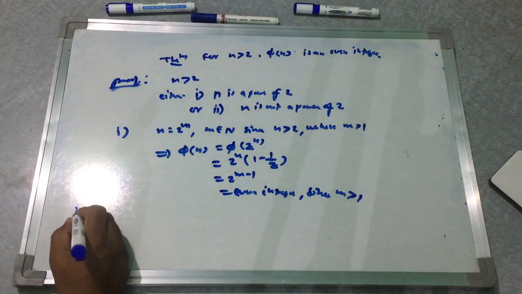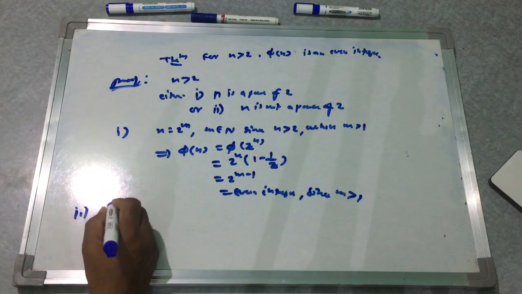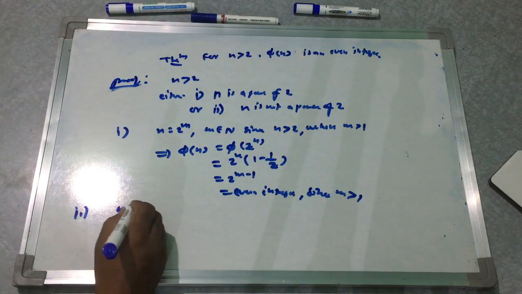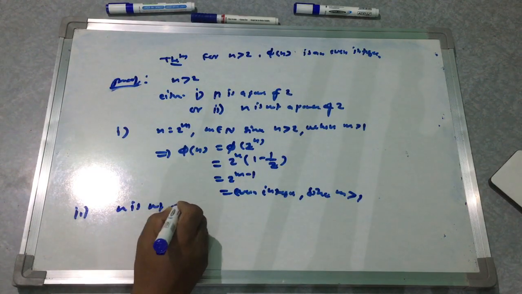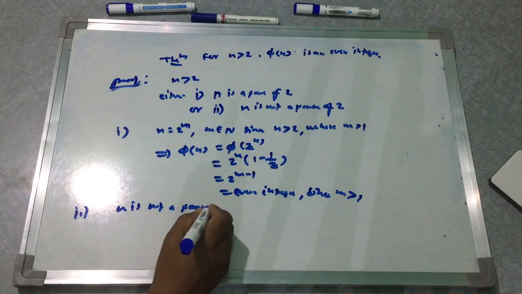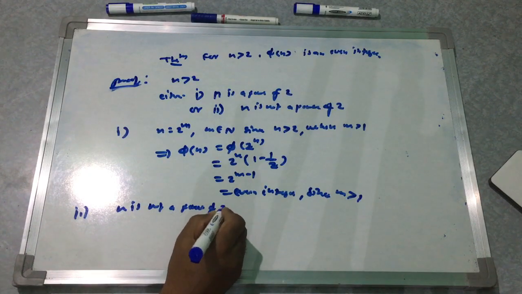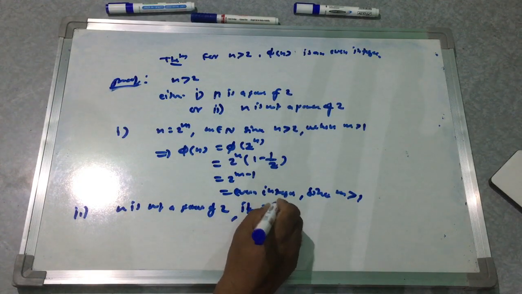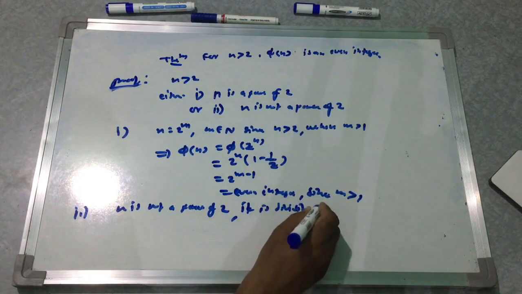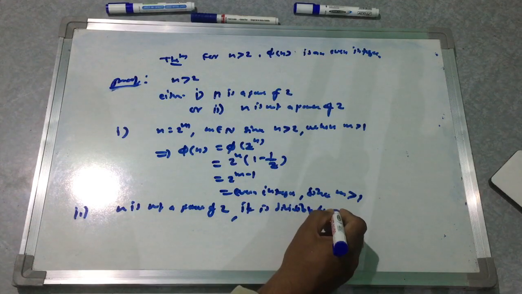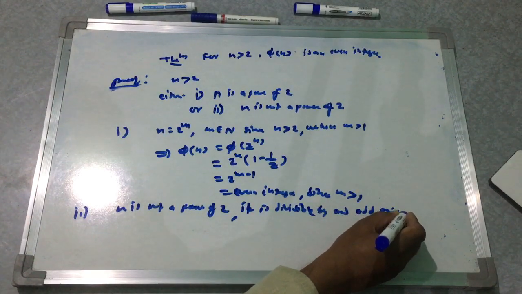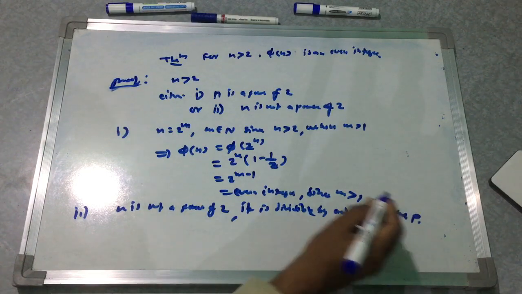And number 2, when n is not a power of 2, it is divisible by an odd prime p.